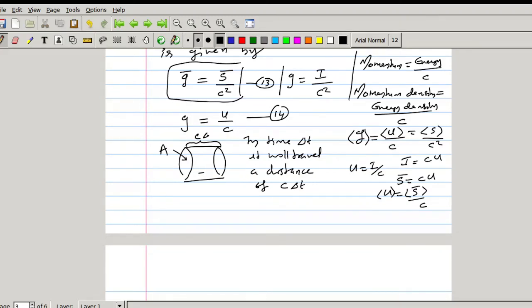So the volume traveled by the wave during delta t time will be A into C delta t. So this represents the volume traveled.